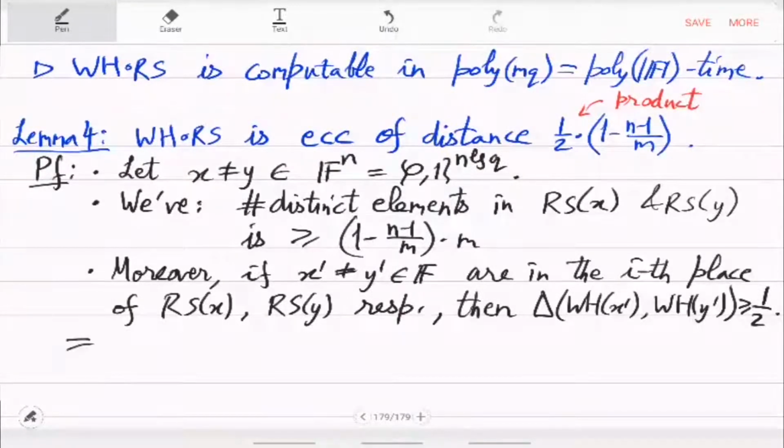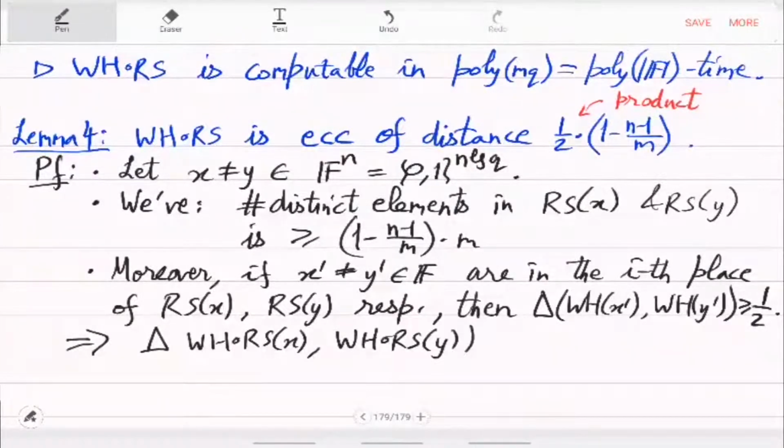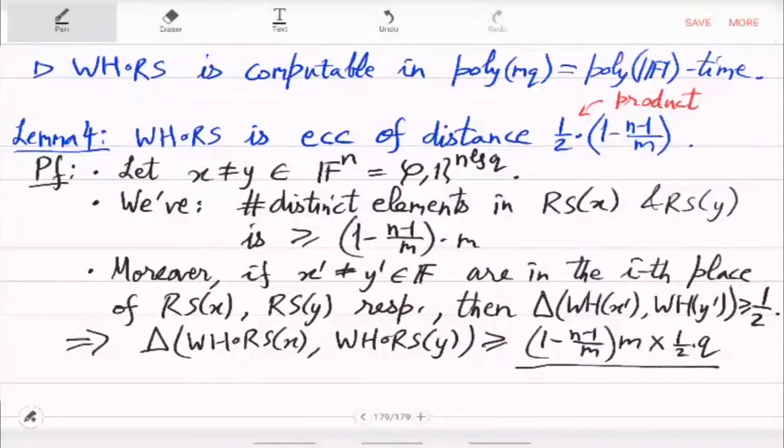Right, this means that overall, if you look at the binary distance between the concatenated code for x and that for y, the places where you get a difference at the Reed-Solomon level is this, and amongst these, when you apply Walsh-Hadamard, the difference is in half times q places, and the total length in the end is mq, right.